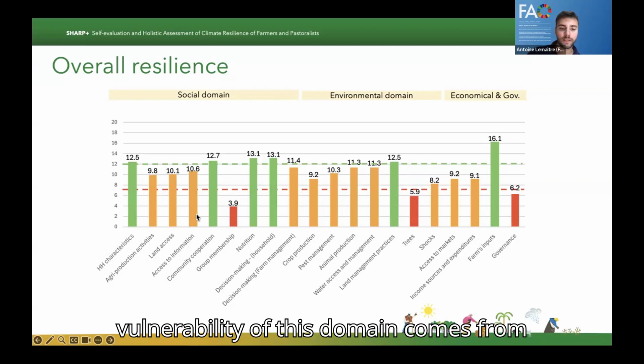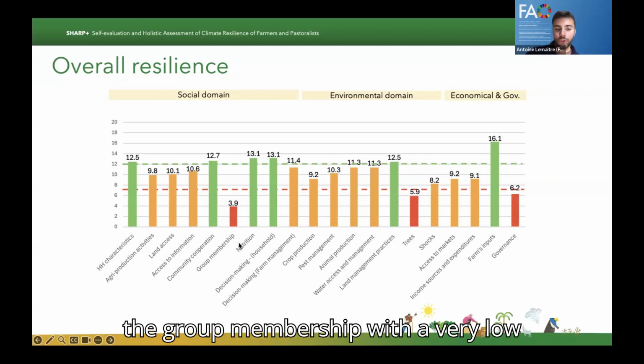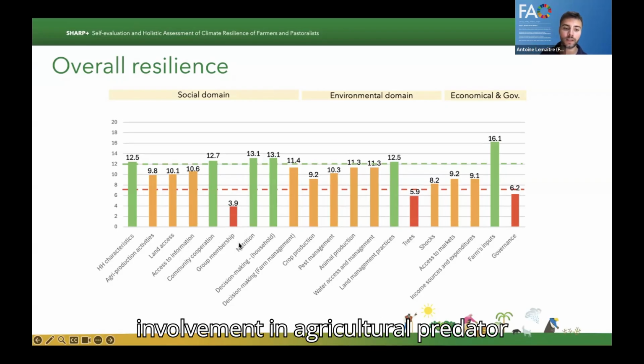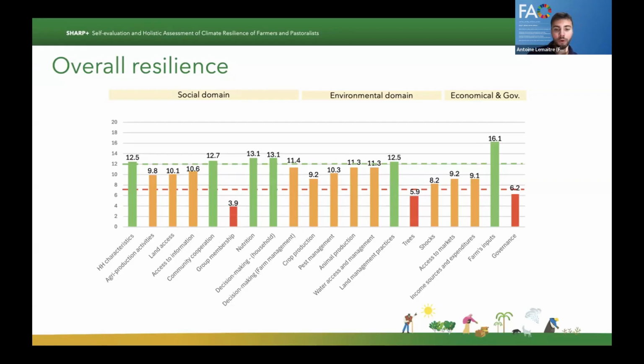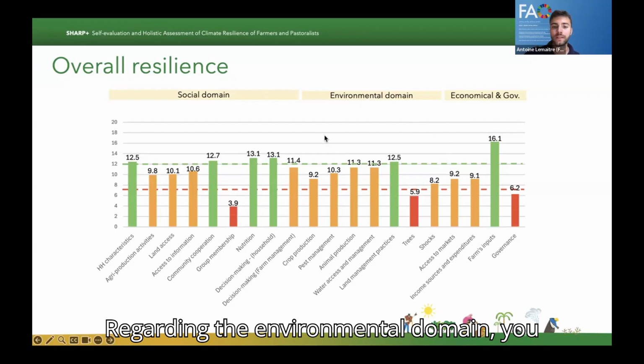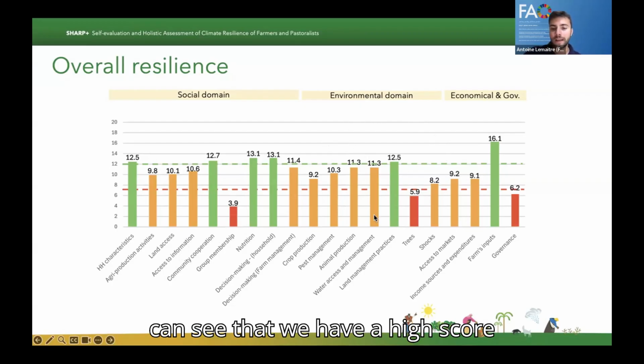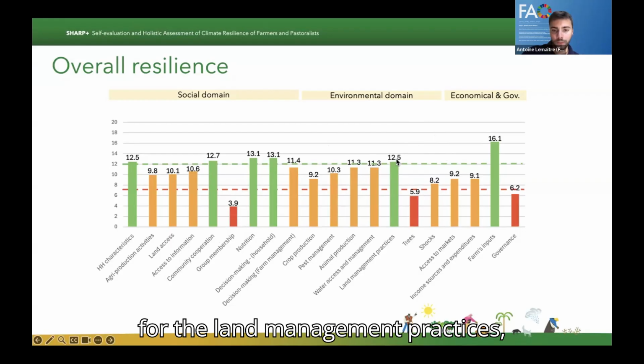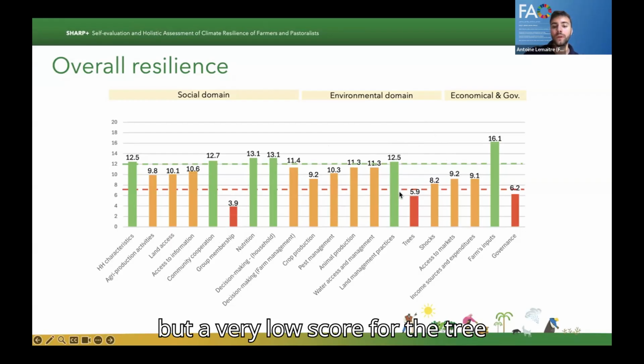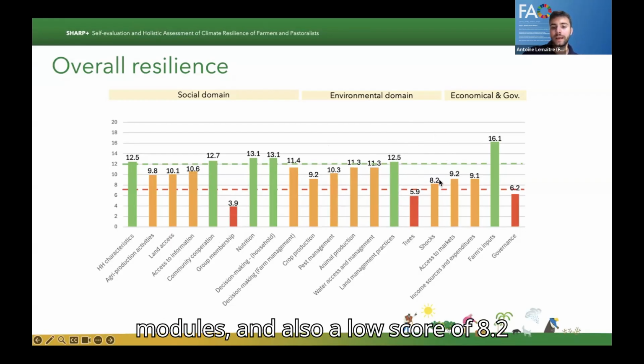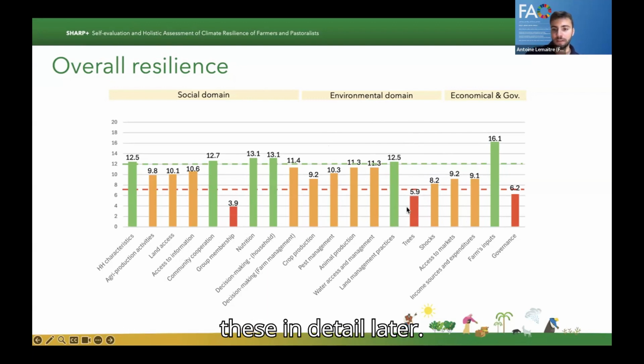Whereas the main vulnerability of this domain comes from group membership, with a very low involvement in agricultural producer organizations, for example. Regarding the environmental domain, you can see that we have a high score for the land management practices, but a very low score for 3 modules, and also a low score of 8.2 for the shocks. So I'm going to present these in detail later.